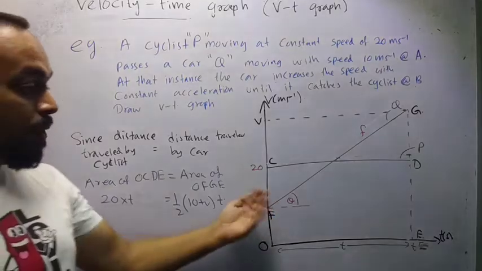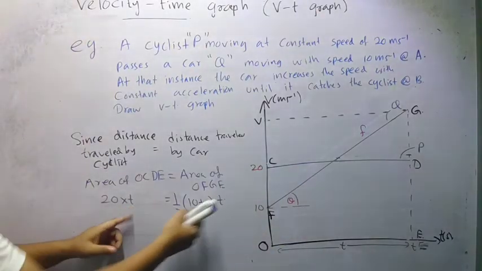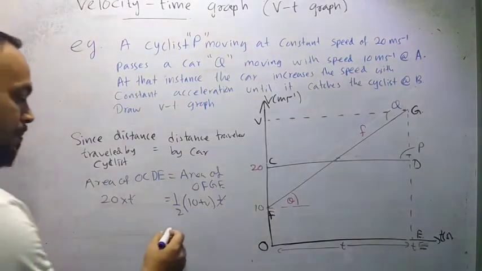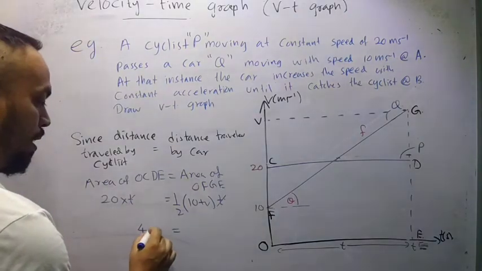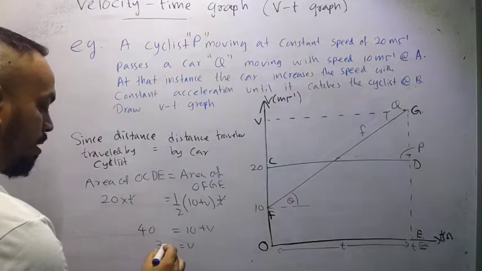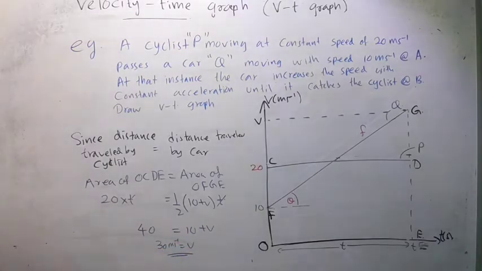So when we equate the displacements, this T cancels out. So 40 equals 10 plus V. So V is 30 meters per second.